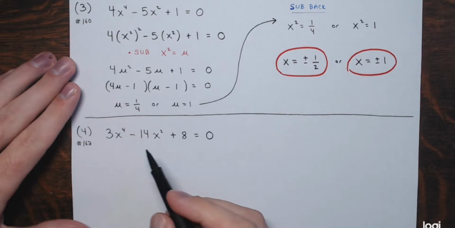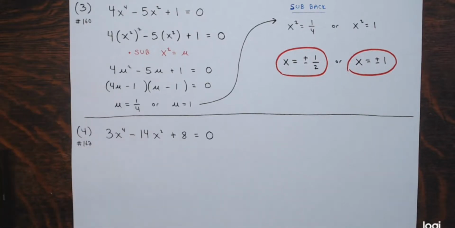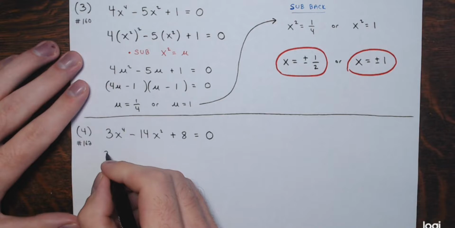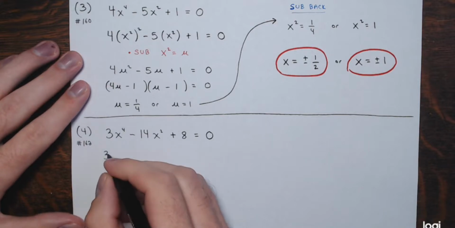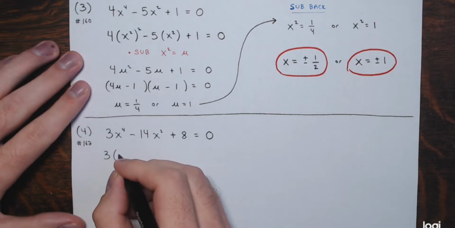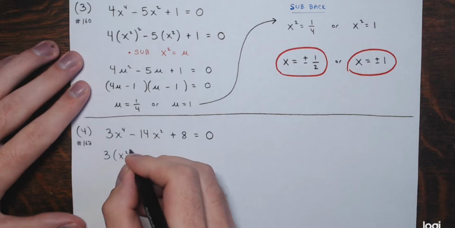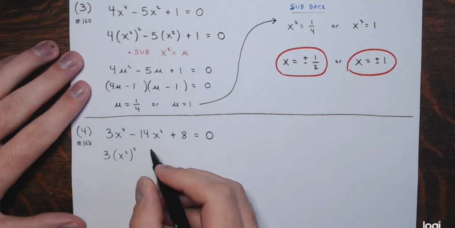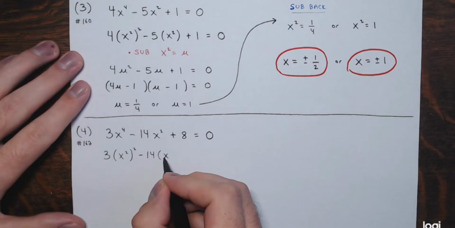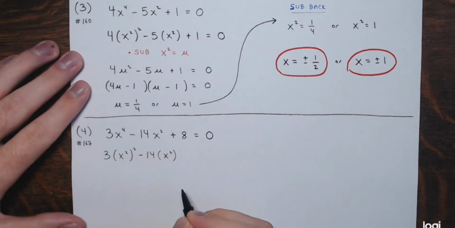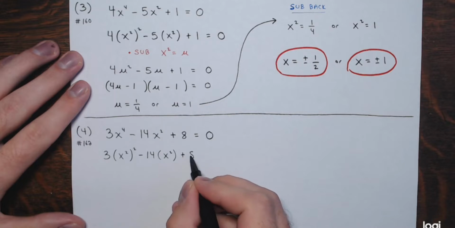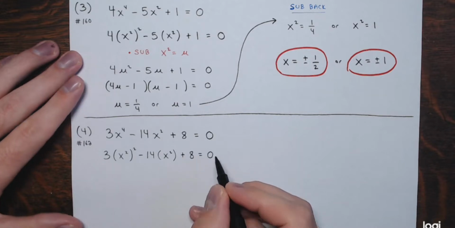So once again, I'll write it so that you can see it's in quadratic form. This is 3 times some expression squared, x squared squared, minus 14 times that same expression, x squared to the first power, plus 8 equals 0.